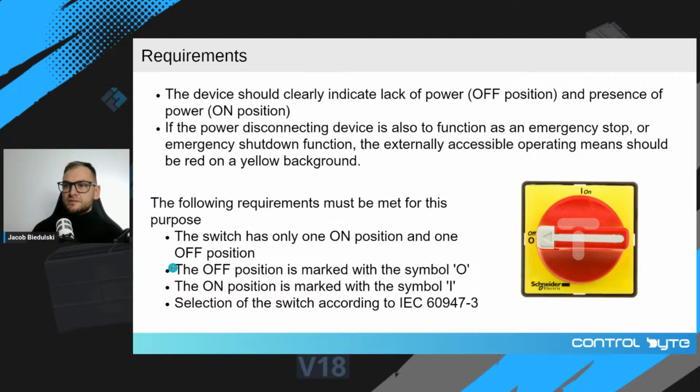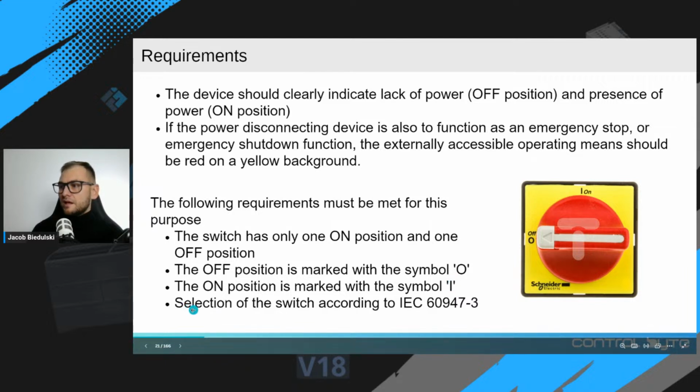And we have some obligatory markings on the switch. The off position is marked with the symbol O, and the on position is marked with the symbol 1. And we also have a standard that this device should comply with to meet the requirements.